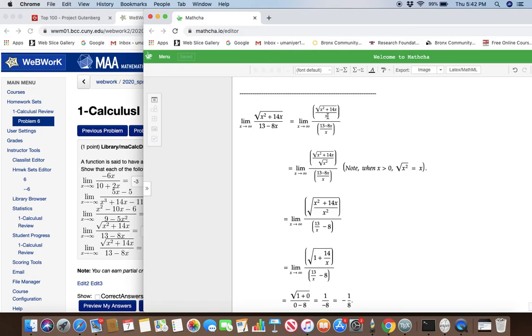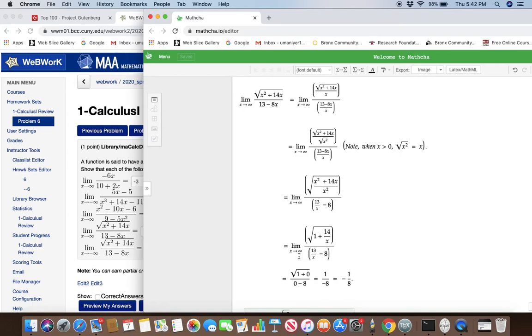So I'll take that x, replace it by square root x squared. Why do I do that? Because I have a radical upstairs. So I can combine the two radicals into one large radical. X squared plus 14x over x squared. Now this division distributes. X squared over x squared is 1 plus 14x over x squared is, one of the x's goes away, you have 14 over x.